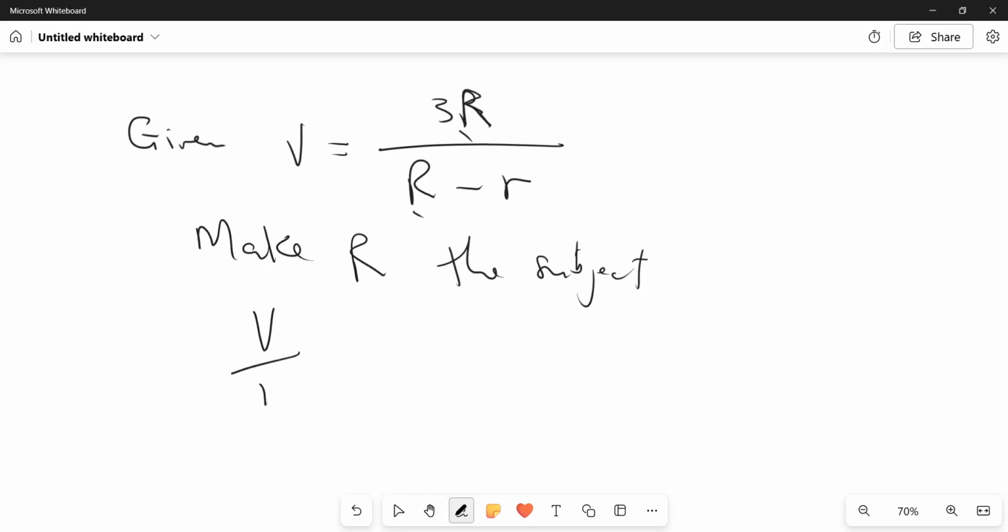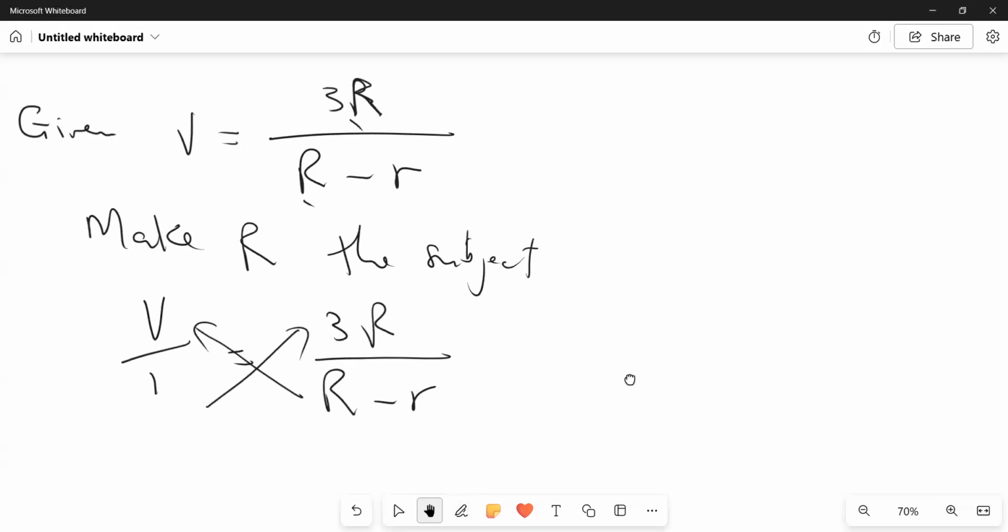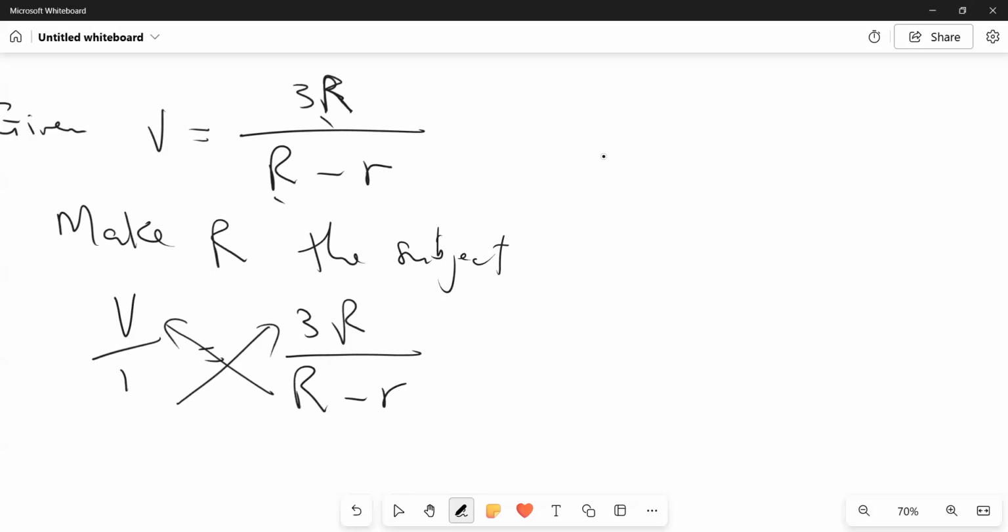We take this on top of 1 and get 3R over R minus r. Cross multiply and see what happens. So we get V bracket R minus r equal to 3R. Remove the bracket now.